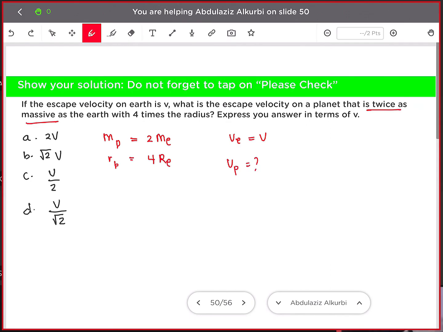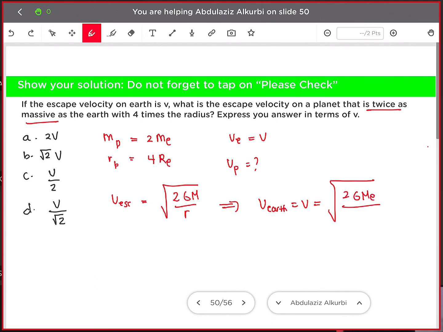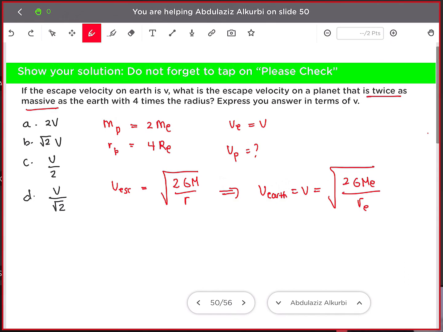Now recall that escape velocity is equal to the square root of 2GM over R, so the escape velocity of the Earth, which is equal to v, is the square root of 2G times the mass of the Earth divided by the radius of the Earth.